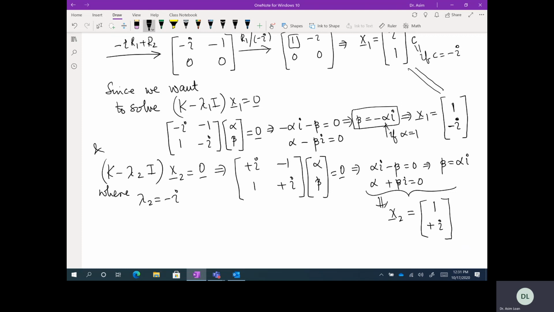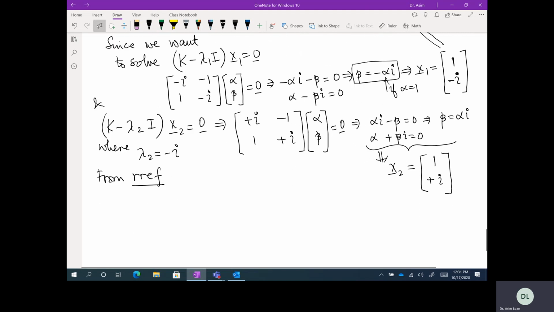And what if I do the reduced row echelon form? From the reduced row echelon form, I will get plus iota, minus 1, 1, plus iota. Then I do iota R1 plus R2.